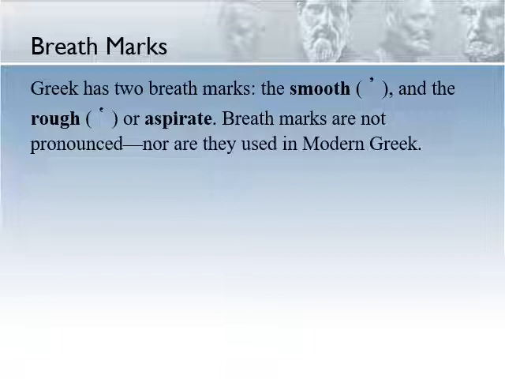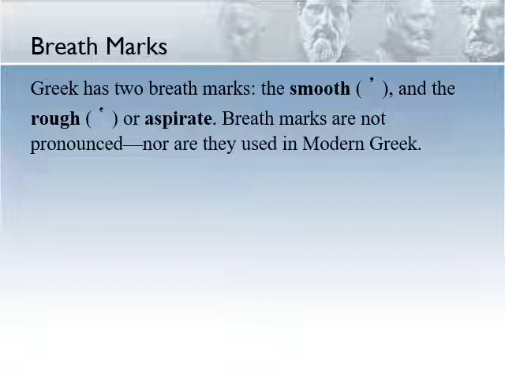They are mirror images of each other. The smooth breath mark is a curved mark, like an apostrophe, with the cup facing towards the left. The rough or aspirate breath mark is also a curved mark, with the cup now facing towards the right. So this is how you can distinguish between them.